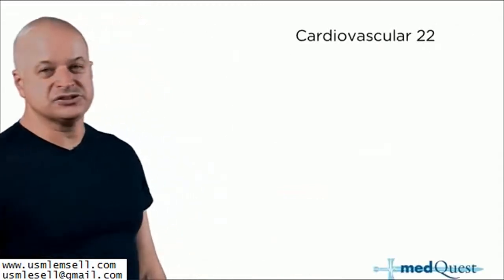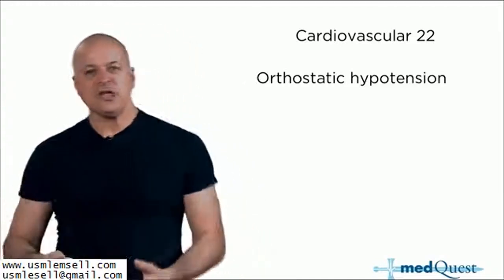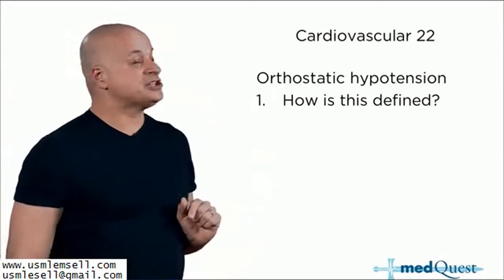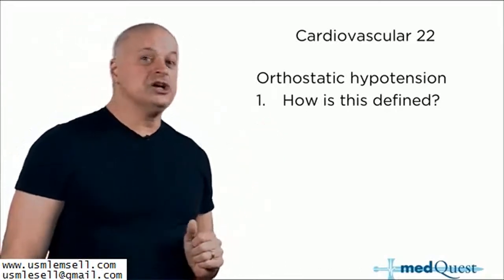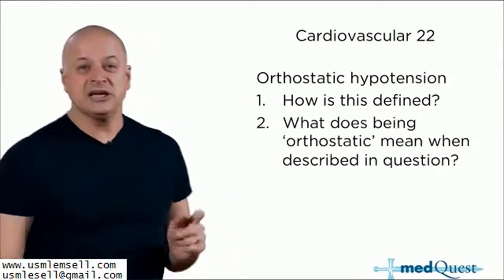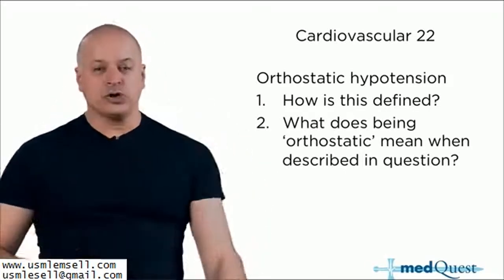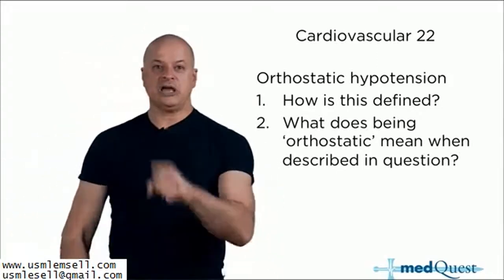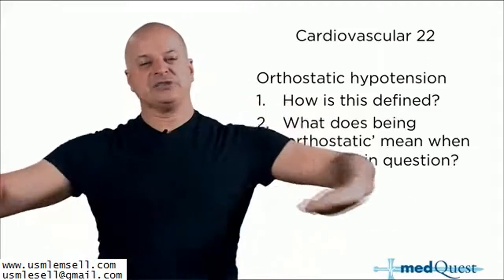Our next one, orthostatic hypotension. Orthostasis means a change in position. It's defined as a drop in blood pressure of 20 points of systolic or 10 of diastolic. It means you're volume depleted, but you have a normal blood pressure lying flat, like in a hospital bed.